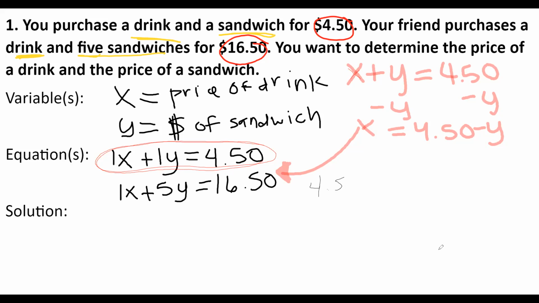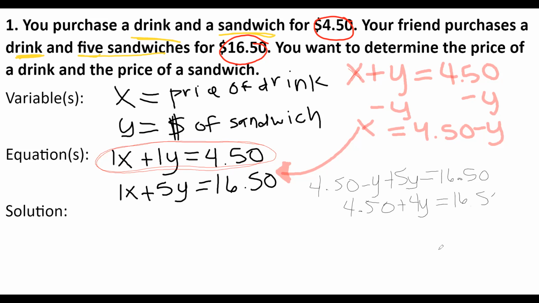So I see 1X right there: 4.50 minus Y plus 5Y equals 16.50. Combining like terms, we get 4.50, and then negative Y plus 5Y is a positive 4Y, equals 16.50.